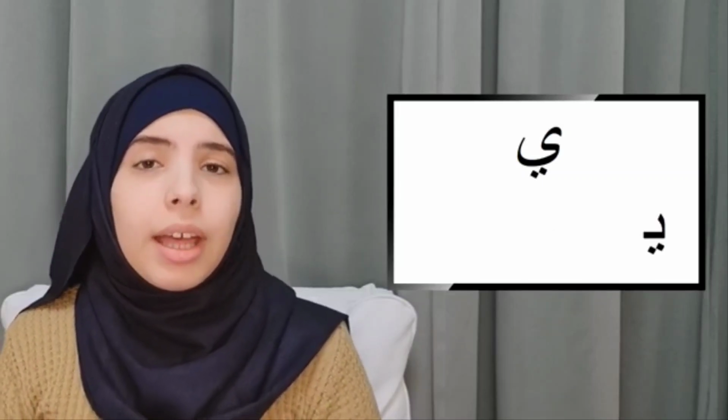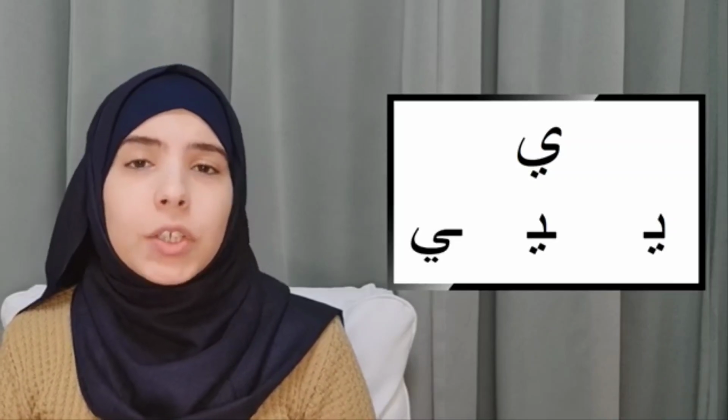And just like ba, ta, and tha, ya also has four shapes: an isolated shape, an initial shape, a medial shape, and a final shape. Watch and try to imitate.